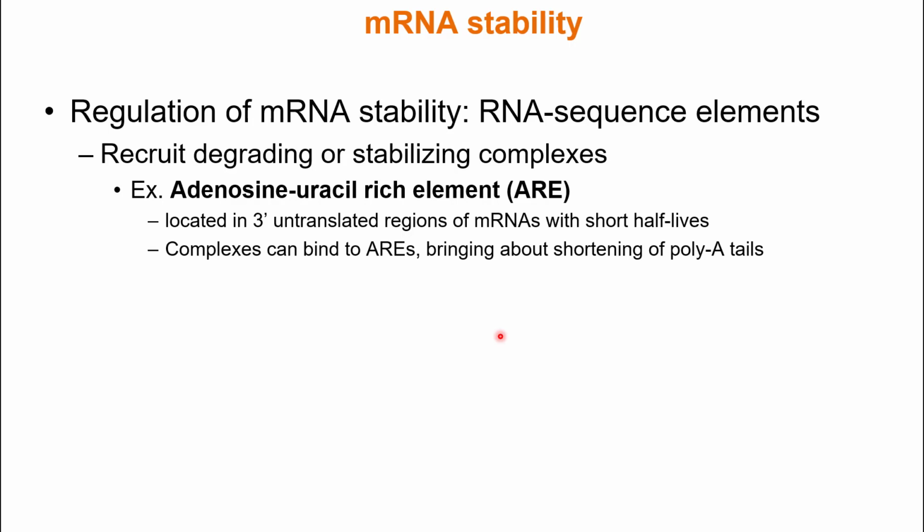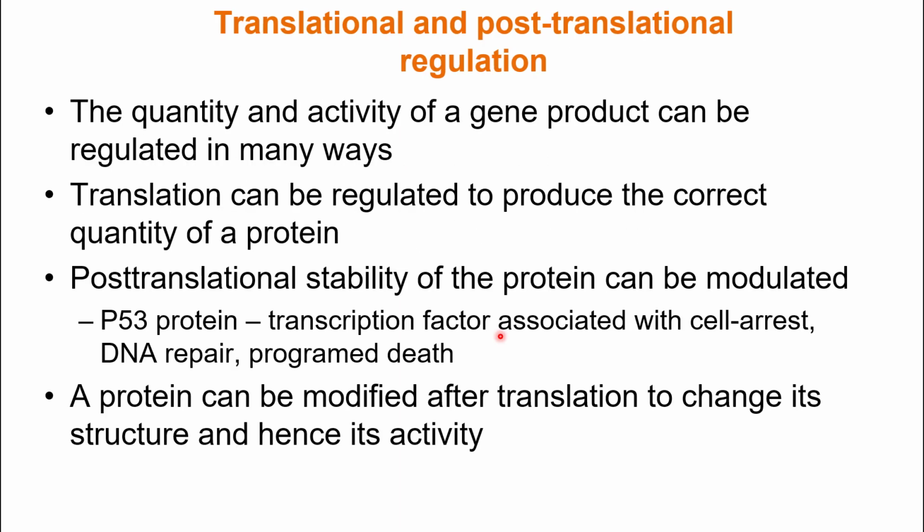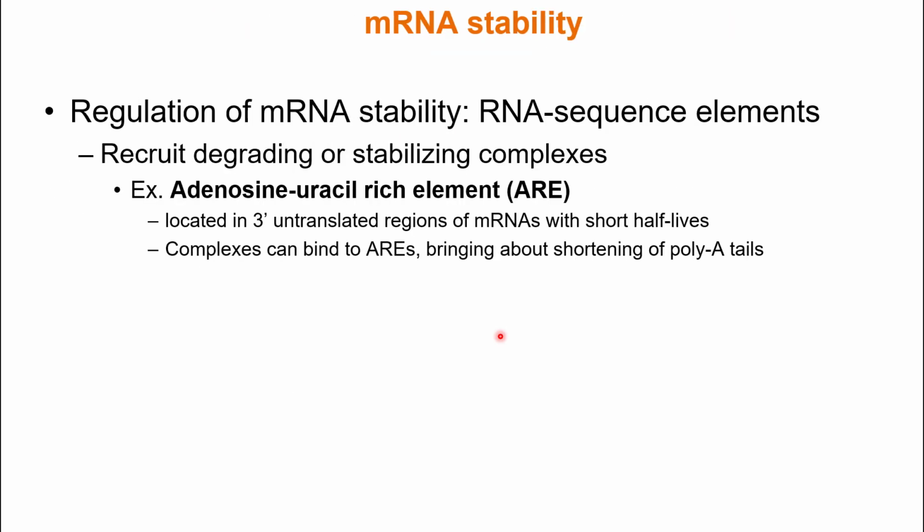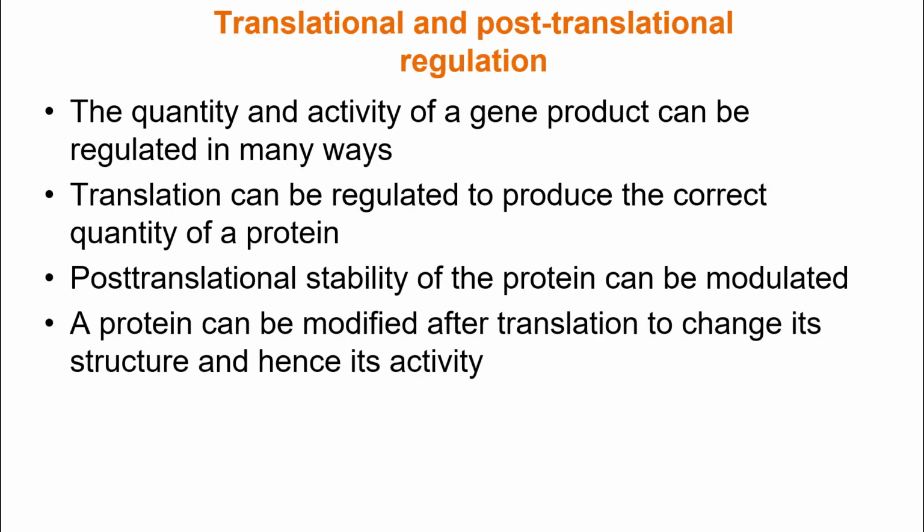We find these in the 3' untranslated regions of the mRNA with very short half-lives. And the reason why they have short half-lives is that those enzymes bind to these regions and start cleaving the tail. I'm not going to test you on AREs, I'm just giving an example here.